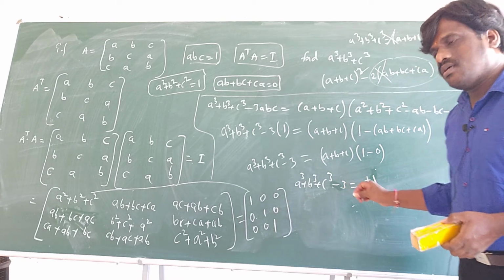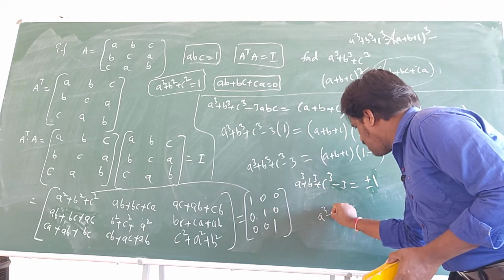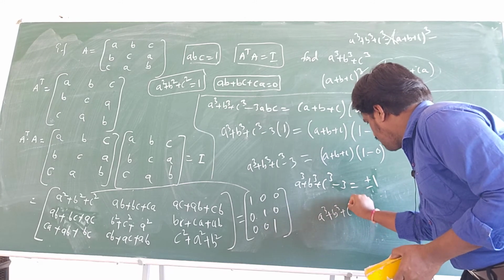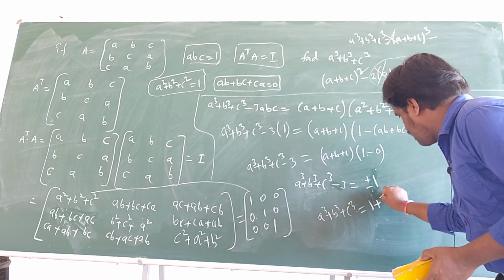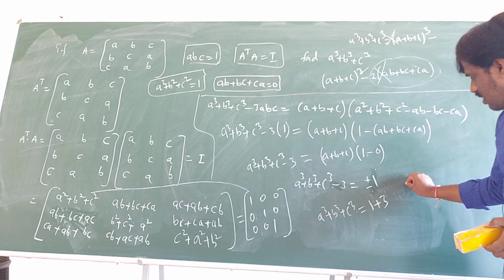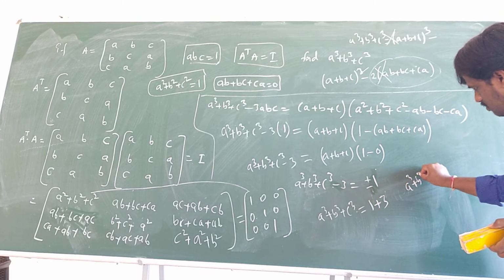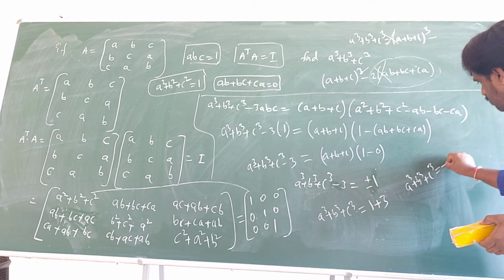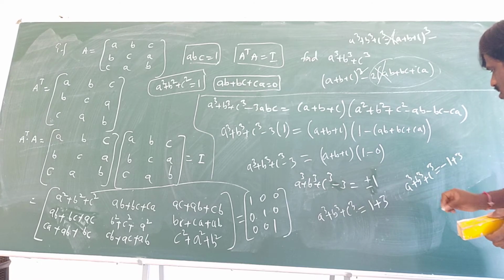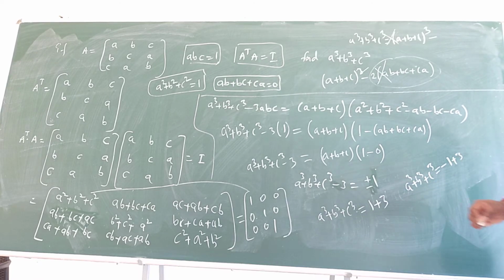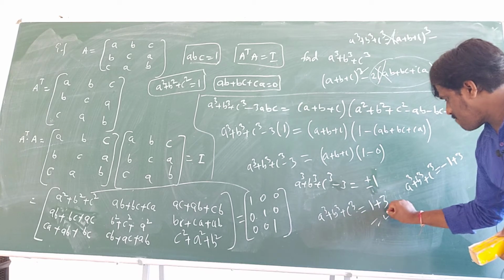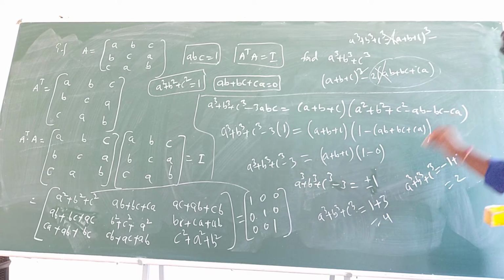A cube plus b cube plus c cube is equal to 1 plus 3, I get 4, and the other one is a cube plus b cube plus c cube is equal to minus 1 plus 3, which is 2. So 4 and 2.